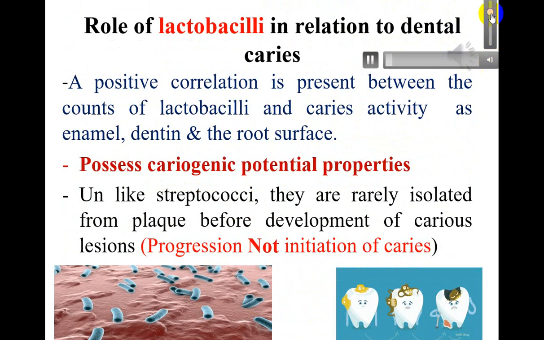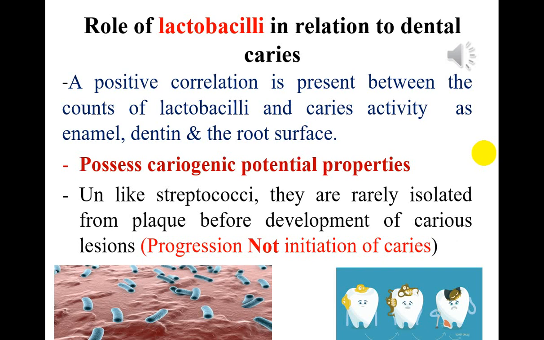Lactobacilli are considered to be cariogenic also, as a positive correlation was reported between their counts and dental caries in enamel, dentine, and root surfaces. Lactobacilli possess cariogenic potential as they are acidogenic, aciduric, and able to produce extracellular and intracellular polysaccharide.